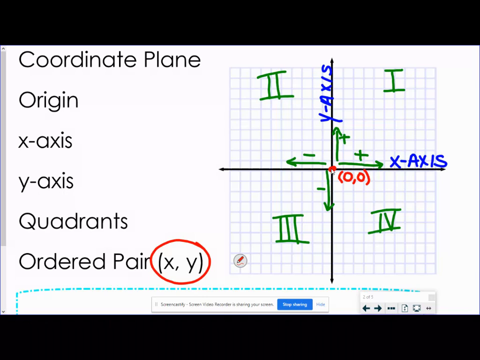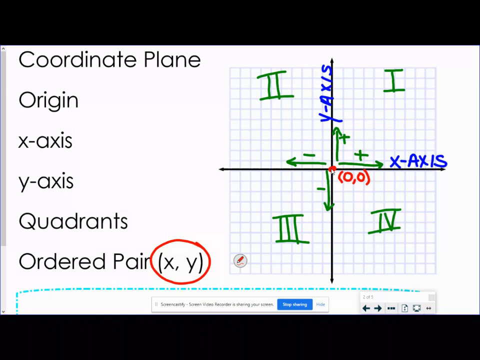So when we're graphing a point, the two numbers that we give you, those are going to be directions for how to get to that location. It's really important that everybody does this in the same order so that everybody in the whole wide world knows that when I give you an ordered pair, you're going to go sideways first, and then you're going to go up and down because the X goes sideways and the Y goes up and down.